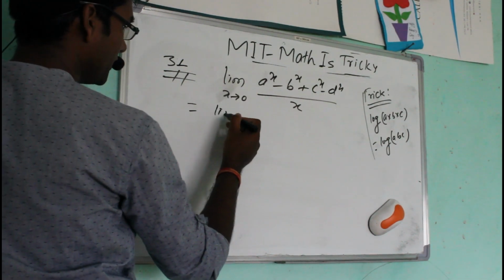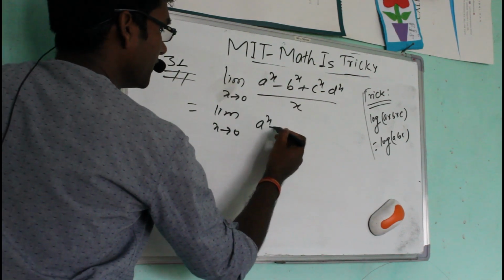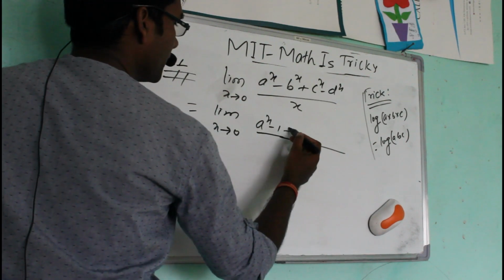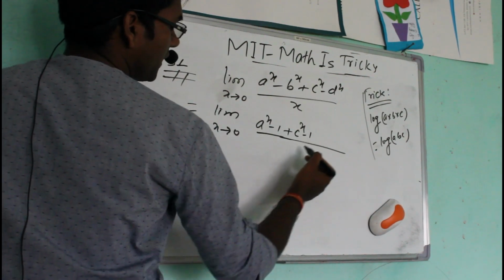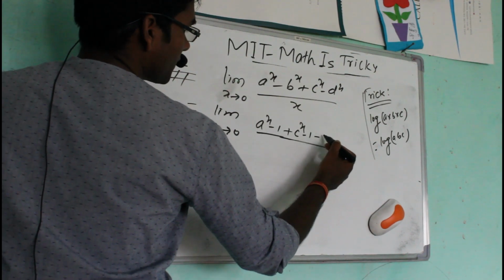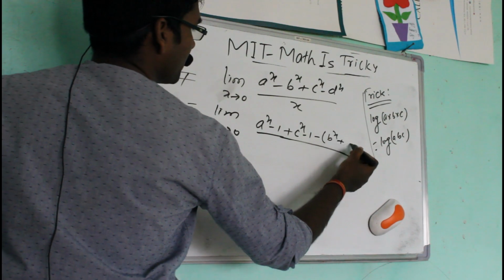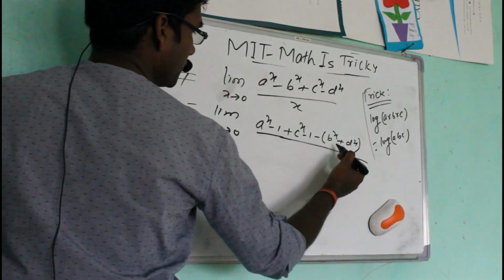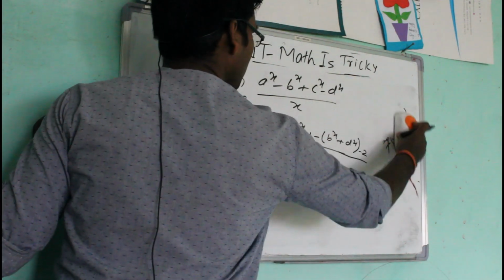So what we can do here, same thing. X tends to 0. Let's write here a^x - 1 and then plus c^x - 1. Now let's take minus common from the last, b^x plus d^x, and then minus and minus 1, so minus 2 we can write there to get the answer.